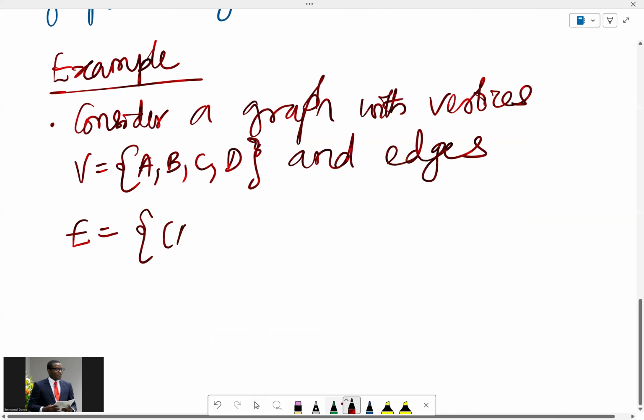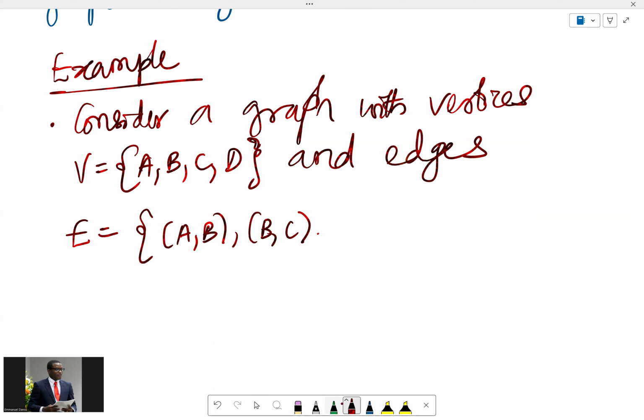So we have edges AB, that's one of the edges, BC, CD, DA, and AC.